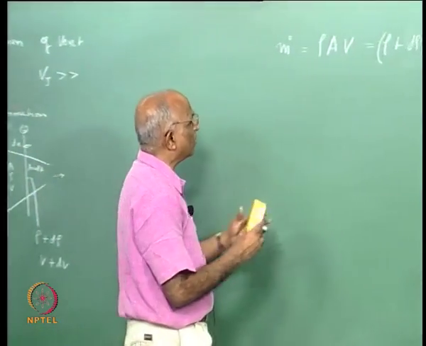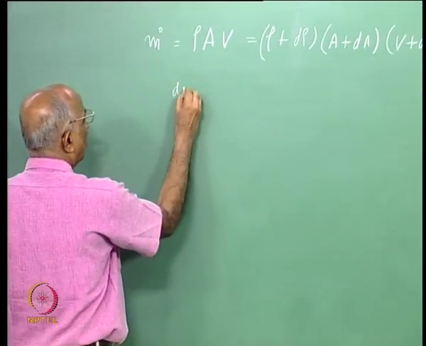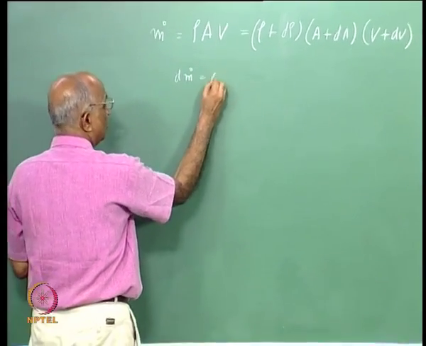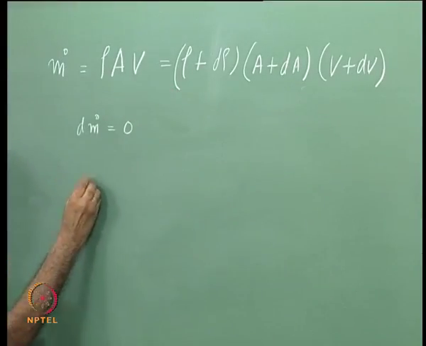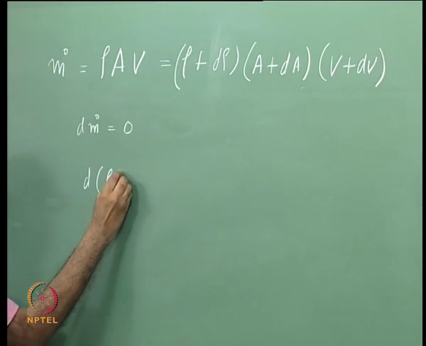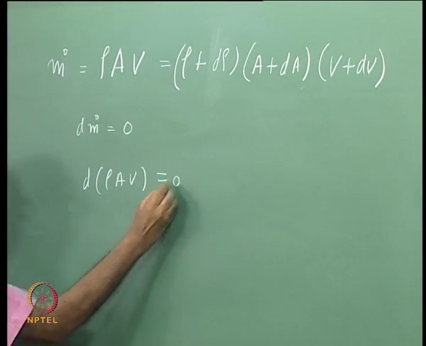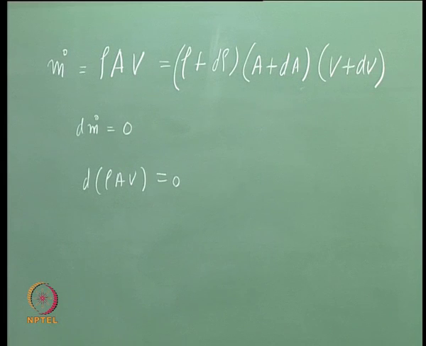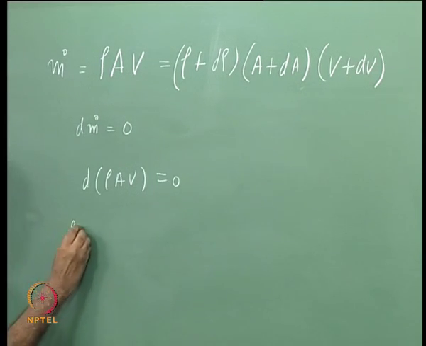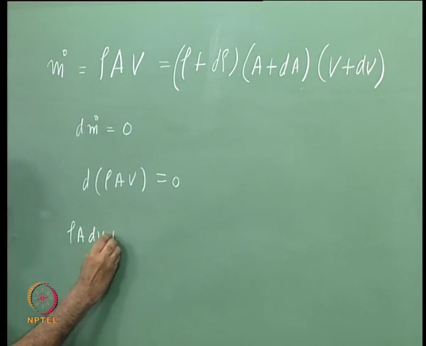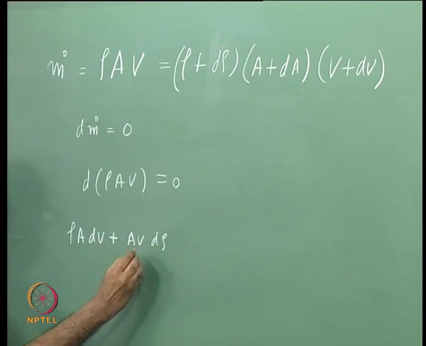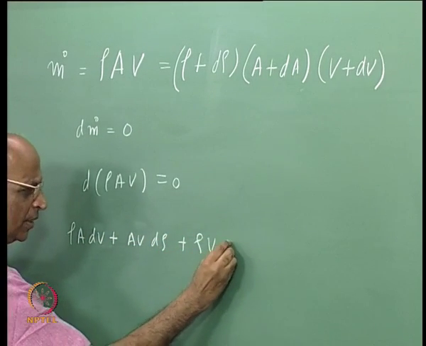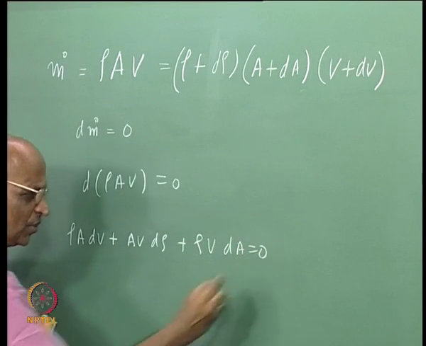Mass flow is a constant, or rather dm dot must be 0 because mass flow is constant. Therefore, I get the expression d of rho A v is equal to 0. If I expand it out, I get rho A dv plus A v d rho plus rho v dA is equal to 0.